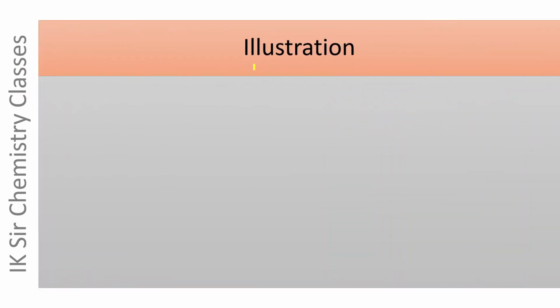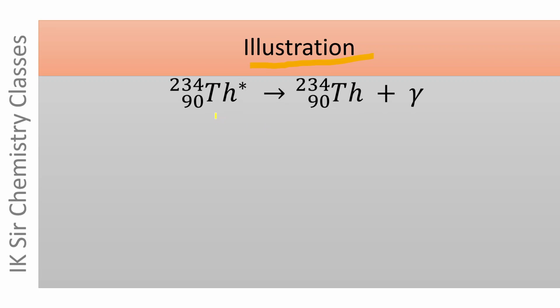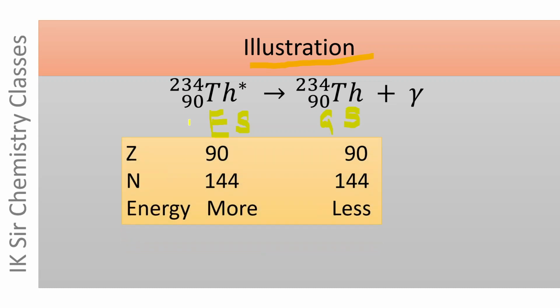It can be illustrated further also. This is the excited state nucleus of thorium 234, while it is the ground state nucleus of thorium 234. Let us see. It contains 90 protons in the nucleus. It also contains 90 protons in the nucleus. It has 144 neutrons in the nucleus.